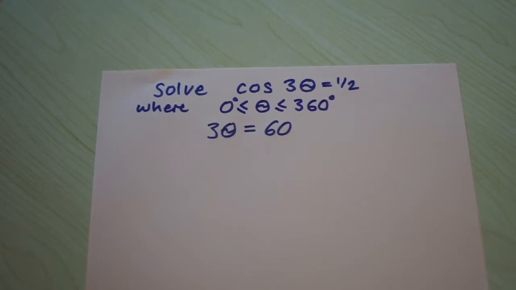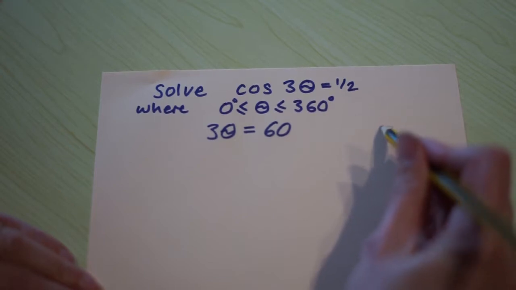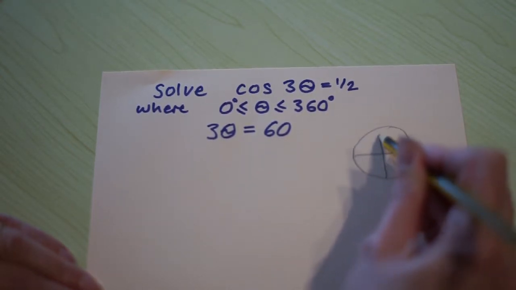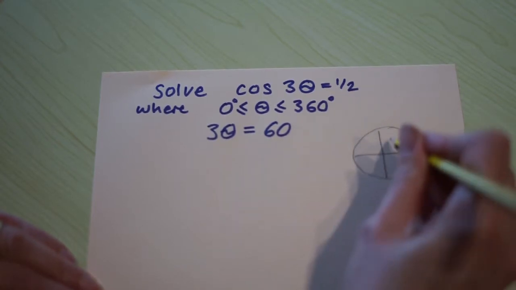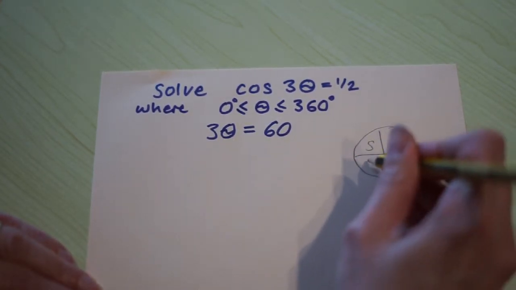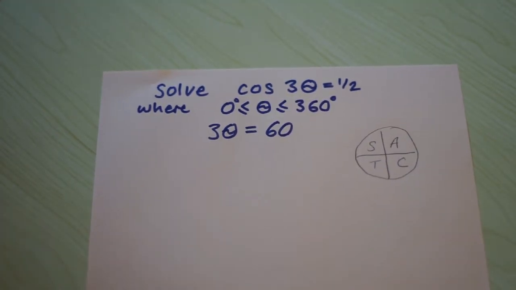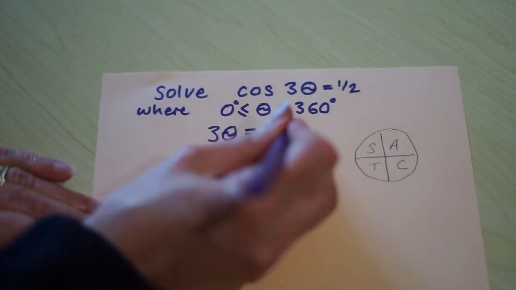As you know, with trig equations, we need to make sure that we've got all of the solutions in the range. So let's draw a quick CAST diagram. 60 degrees, put that on there.